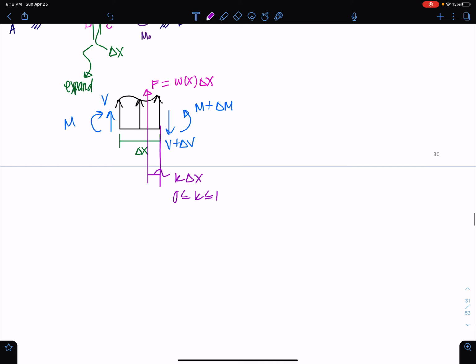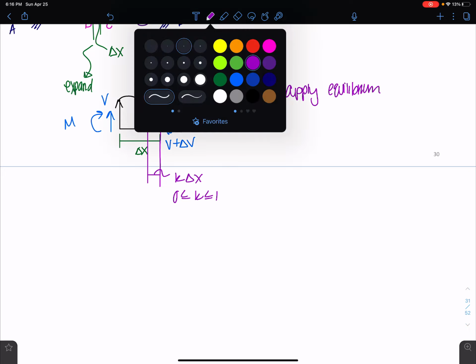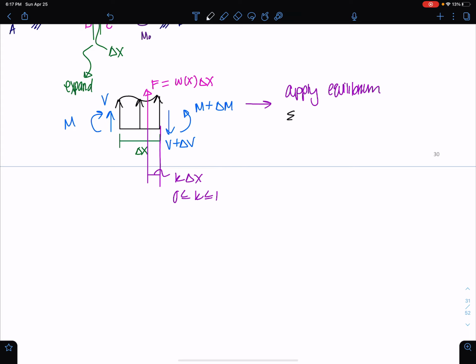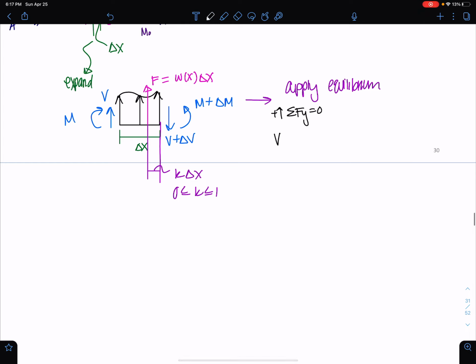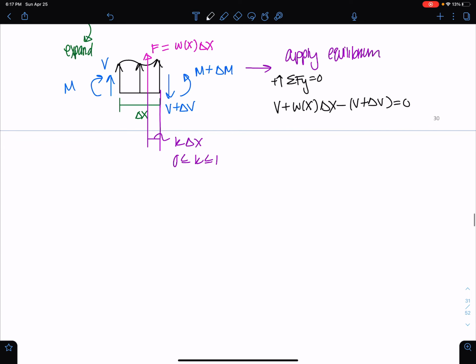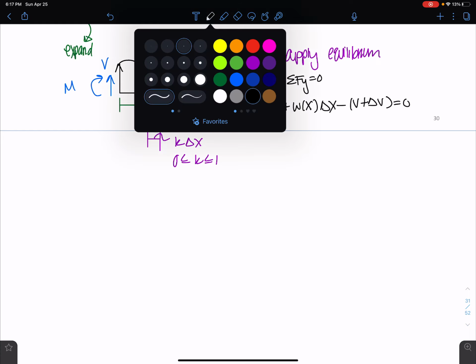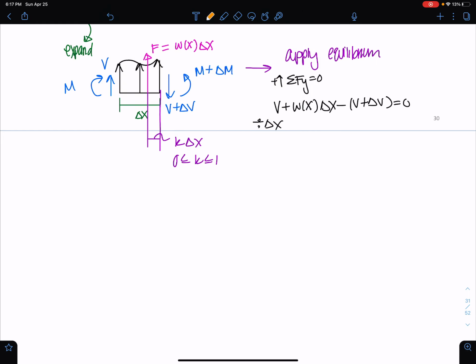So now we want to apply equilibrium, and we're going to sum forces in the y direction. We end up getting V plus W of x delta x minus V plus delta V equals 0. Let's simplify before we divide by delta x.